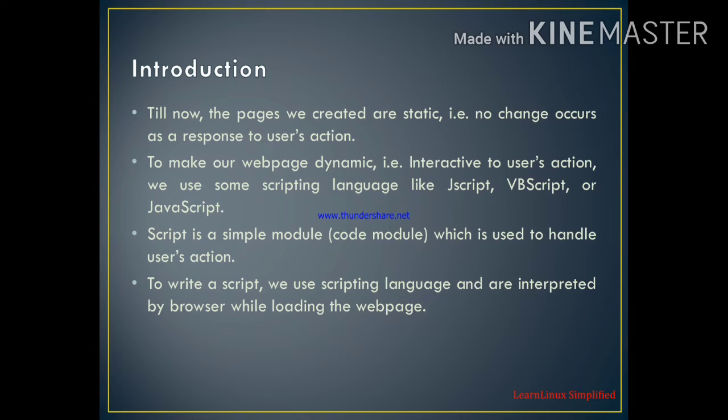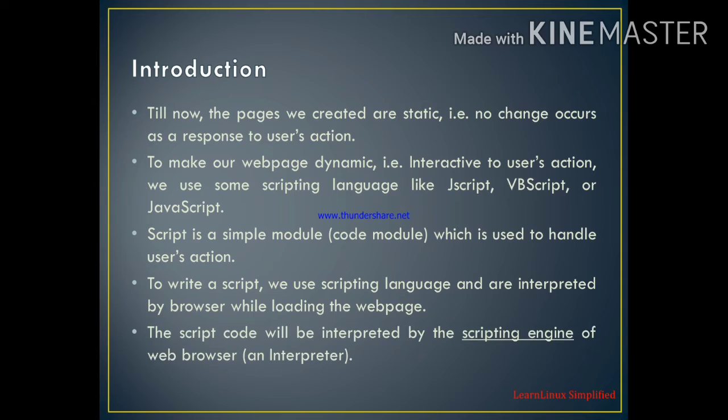Okay, so let's move on. The script code will be interpreted by the scripting engine of the web browser, that is, an interpreter, and a browser that has a scripting engine is called a scripting host. Means the web pages are displayed on a browser, and the same browser should interpret the scripting added into that web page's coding.